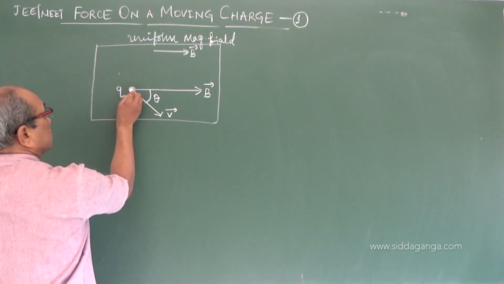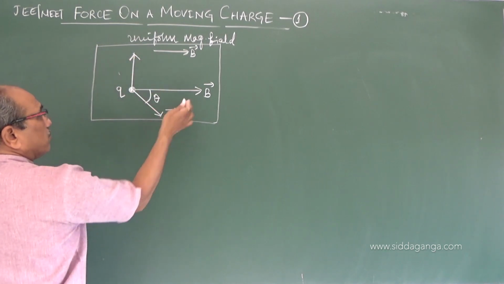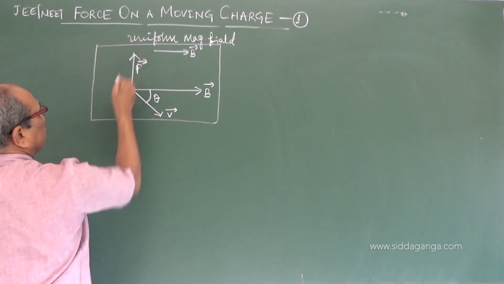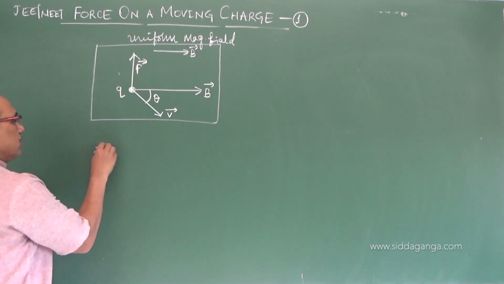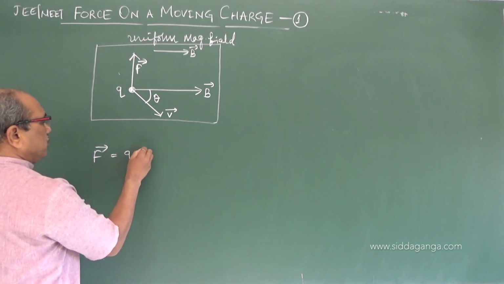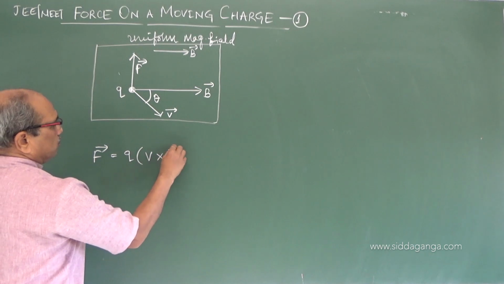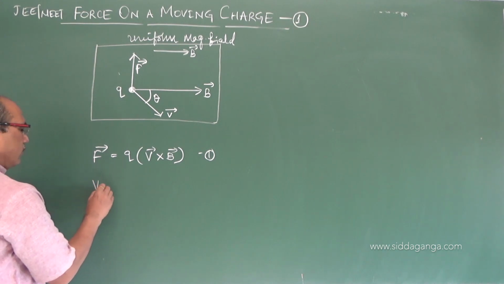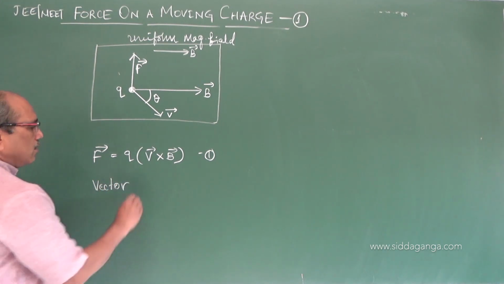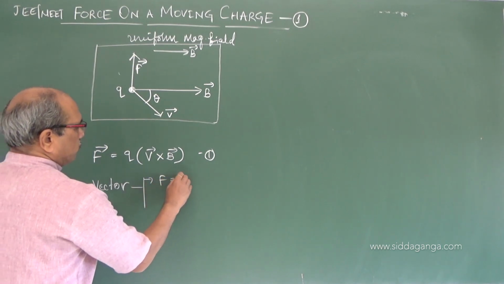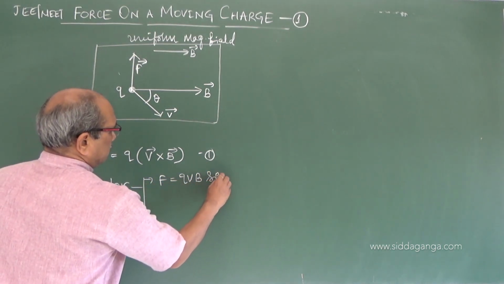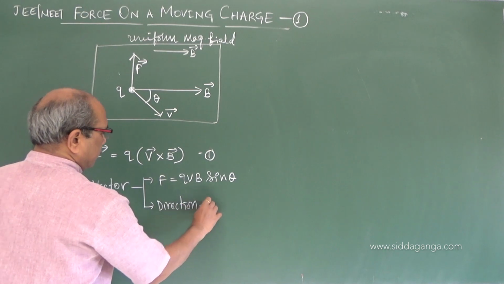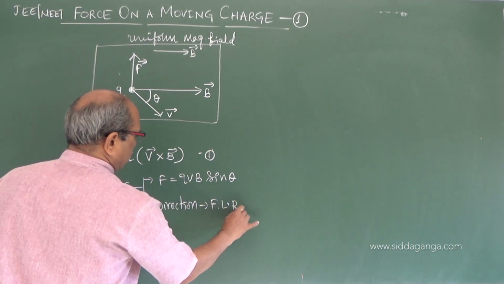It is observed that it experiences a force in a plane perpendicular to the plane containing both B and V. The force experienced by a moving charge is shown to be equal to Q into V cross B. It is a vector having magnitude F equal to QVB sin theta, and its direction can be obtained by Fleming's left hand rule.